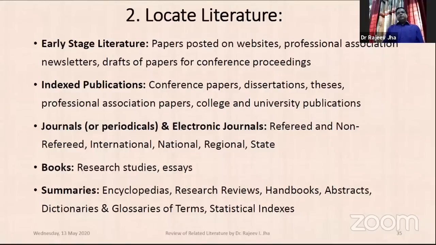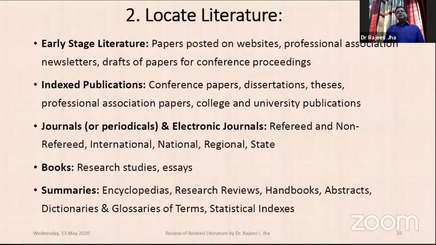So in this stage, in locating the literature, we have early stage literature on one end of the spectrum, and on the other end we have summaries. Early stage literature means the papers posted on websites, professional association newsletters, drafts of papers for conference proceedings, and so on.